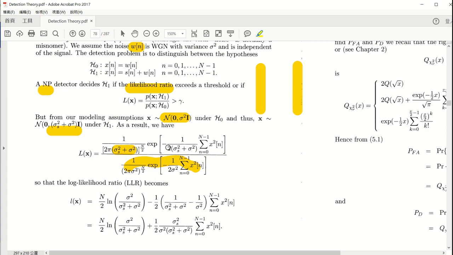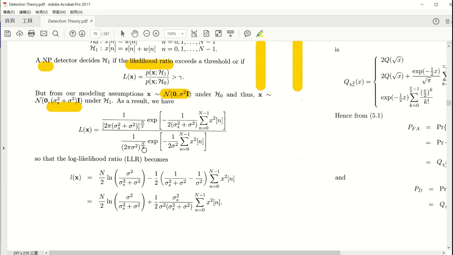In the exponent, for the same thing, you have sigma squared here, but that sigma squared is sigma s squared plus sigma squared, and then summation x squared. And as a result, we will be able to see this is this part, and then this goes to here.